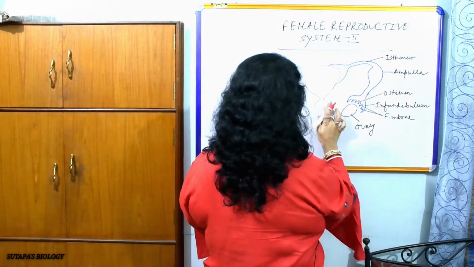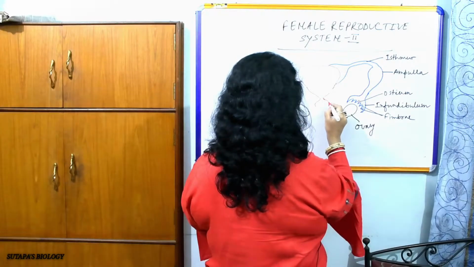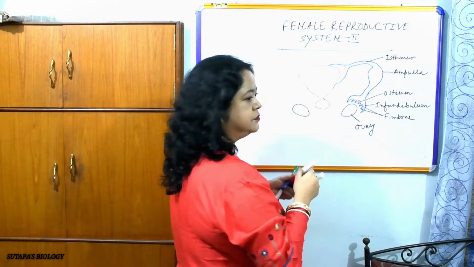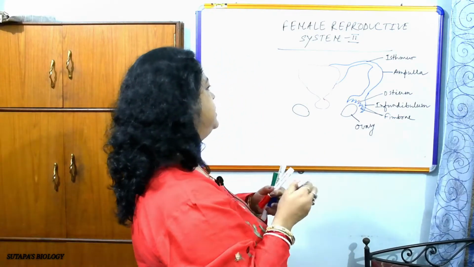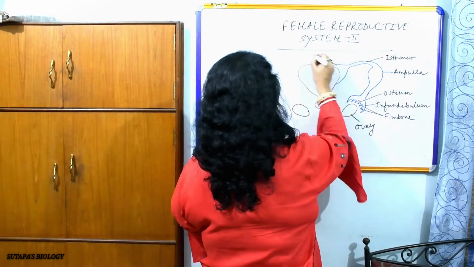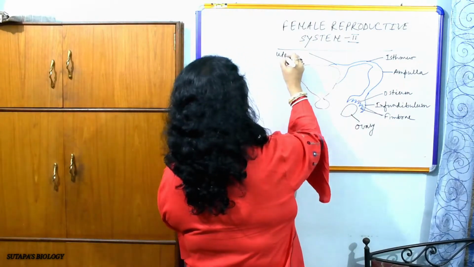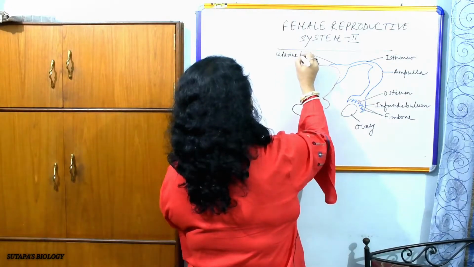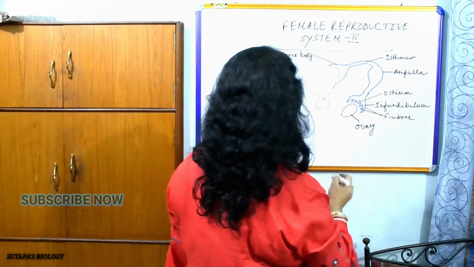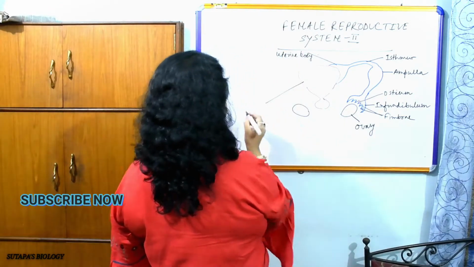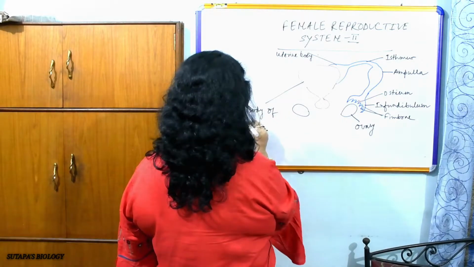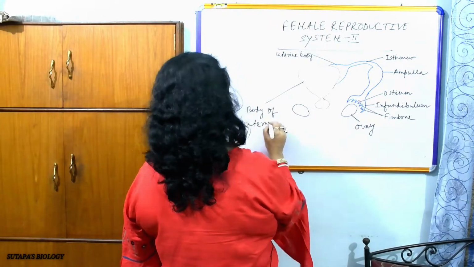This is the structure of the uterus, inside which this is the uterine body. Uterus is a pear-shaped structure. This is known as the body of the uterus, that's a pear-shaped structure.